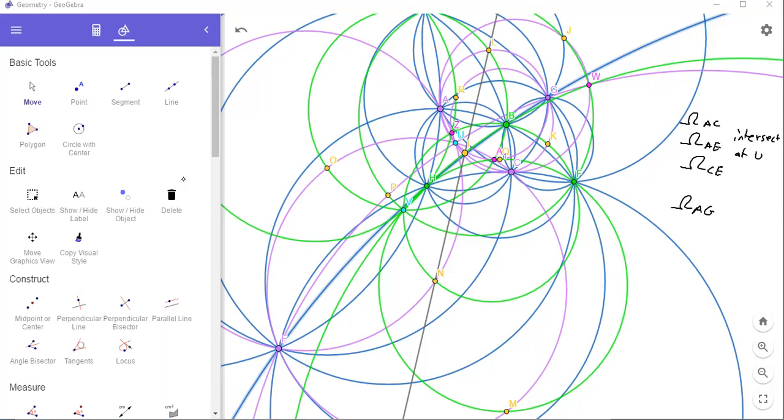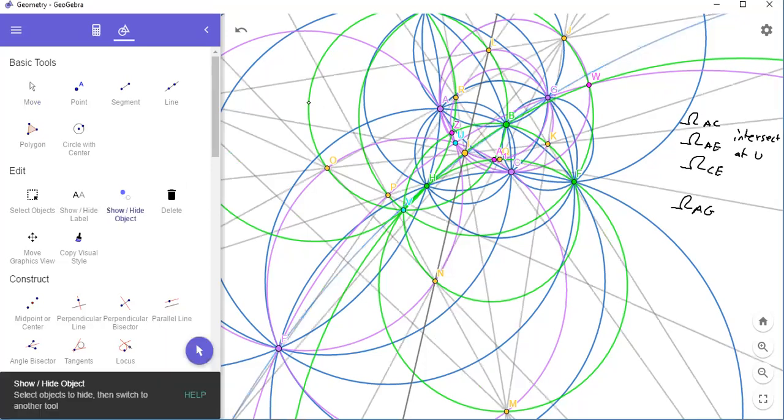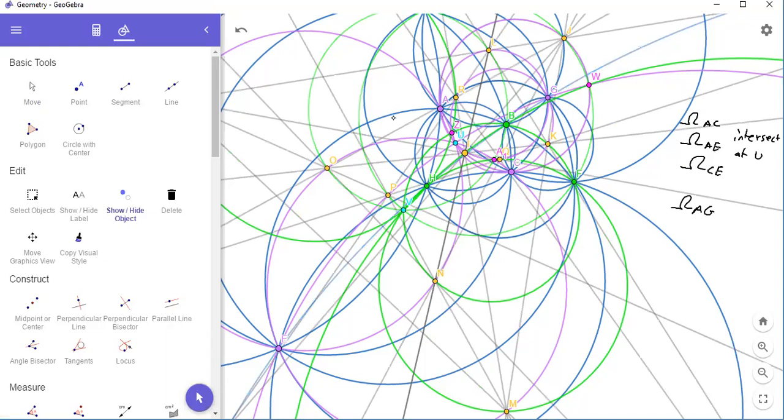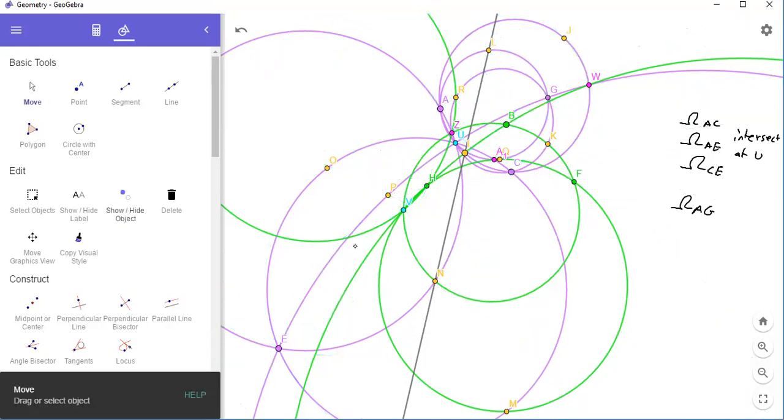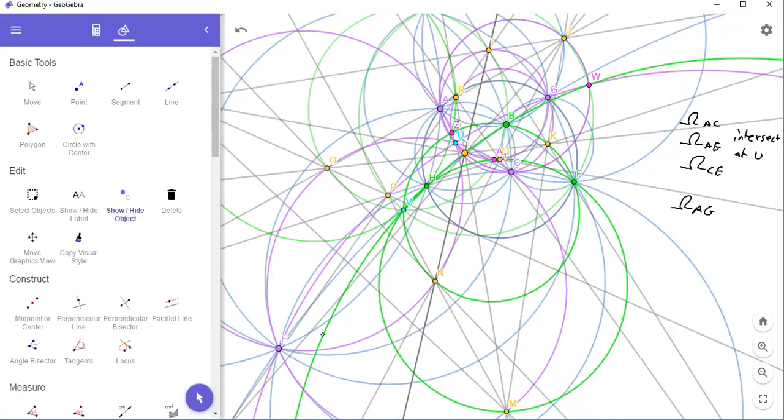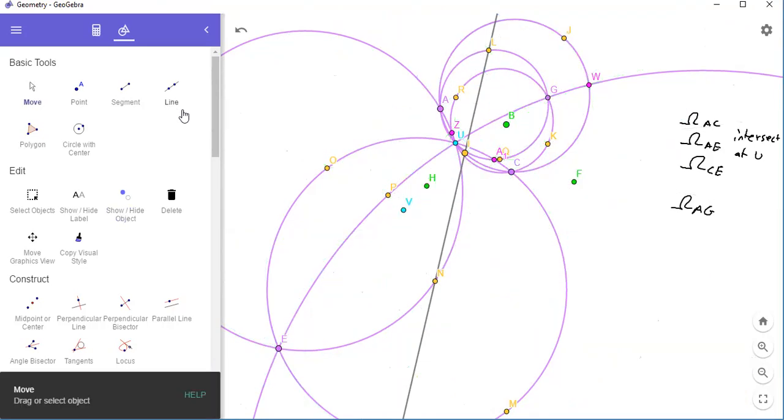Okay, so what I'm going to do is remove some distractions. Let's focus on the main bits. Probably keep just some of the green ones as well, just so that we get more focused.